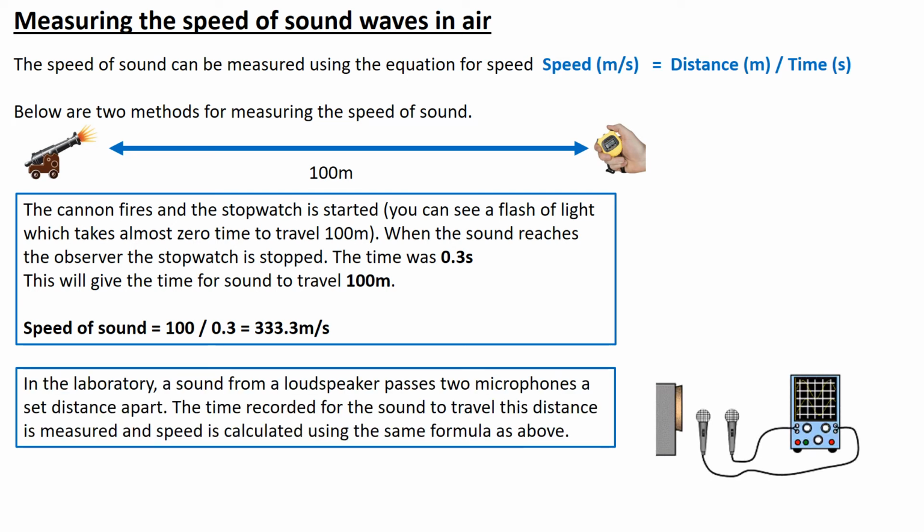The next one is that you can use sound from a loudspeaker passing 2 microphones a set distance apart. We'll be doing this in the lab, and it's really interesting because it's quite noticeable the difference at which the sound wave passes the 2 microphones.